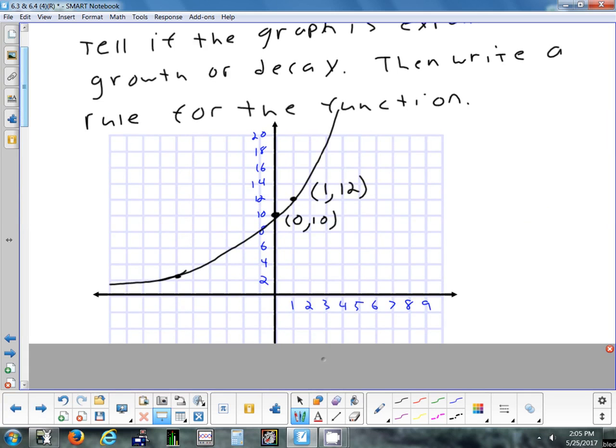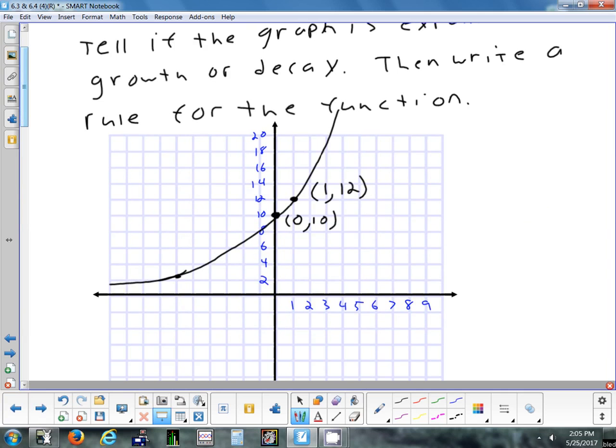How do you figure out the formula? As long as you know 2 points. I'm always going to label 2 points on the graph. Both are helpful, but one of them actually already tells us something.